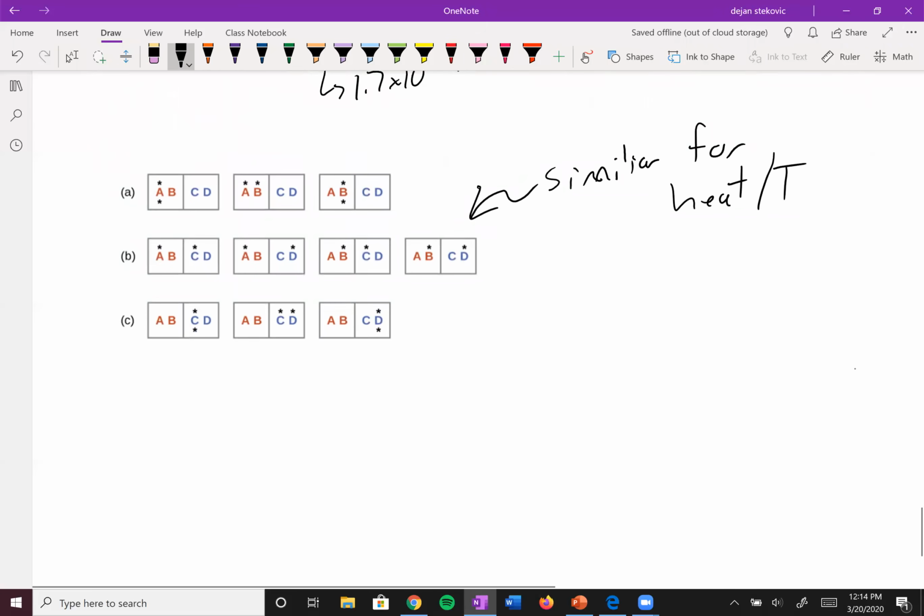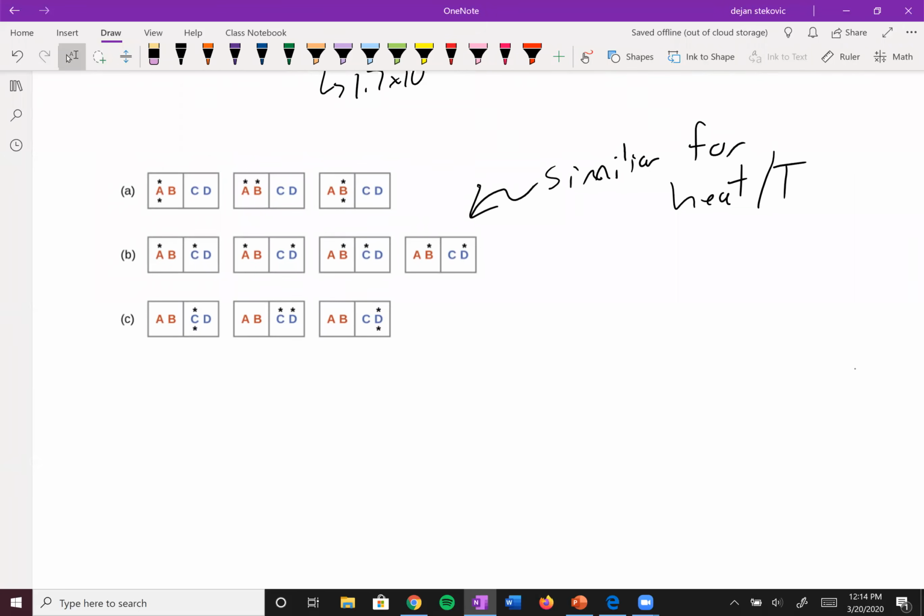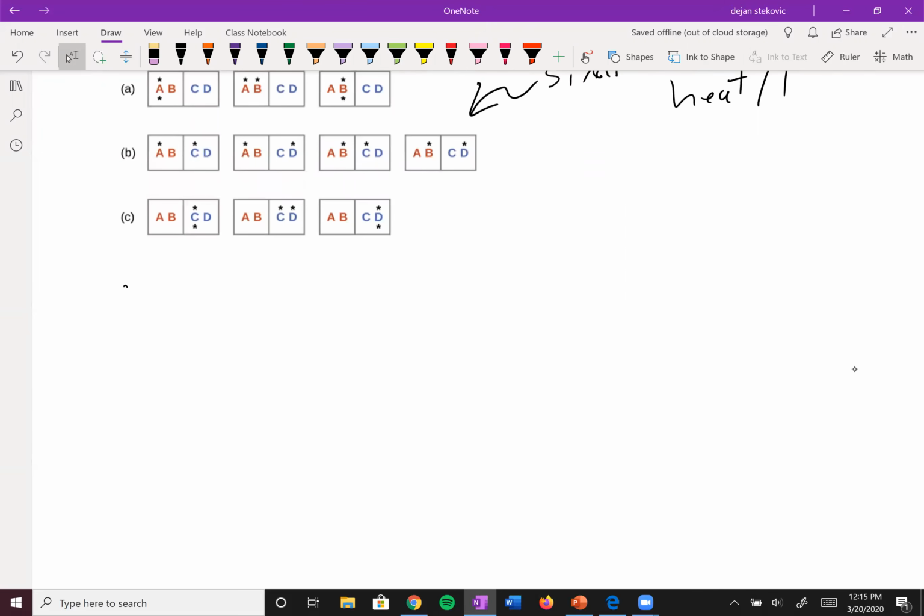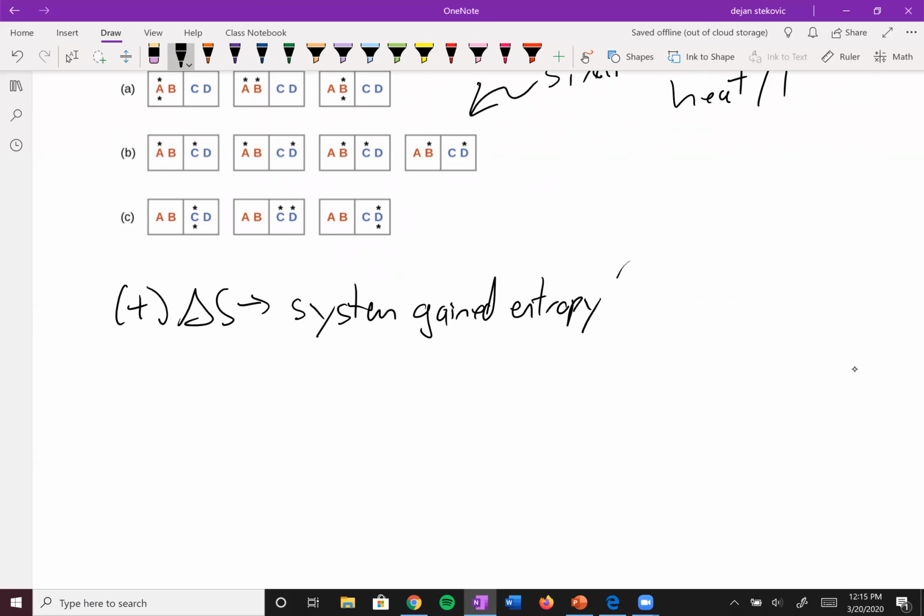So in general, things want to be more dispersed because that gives them a larger number of microstates, which makes it more probable that that will occur, right? So again, positive delta S, that means that the system gained entropy and it got more disordered or more dispersed.